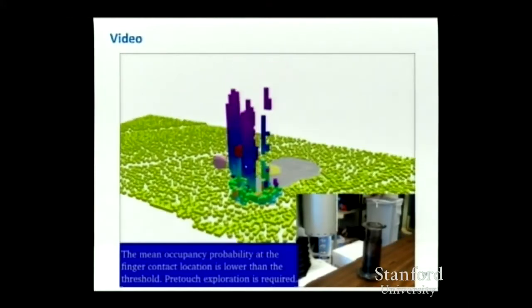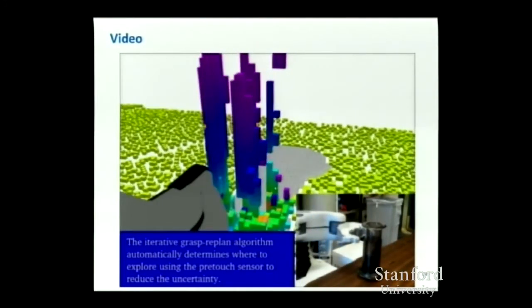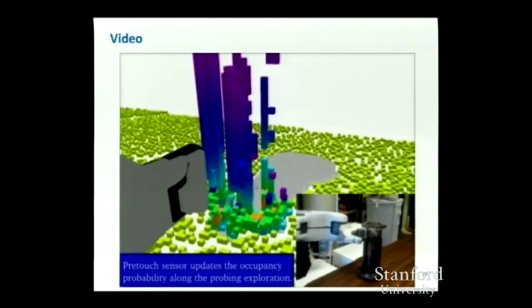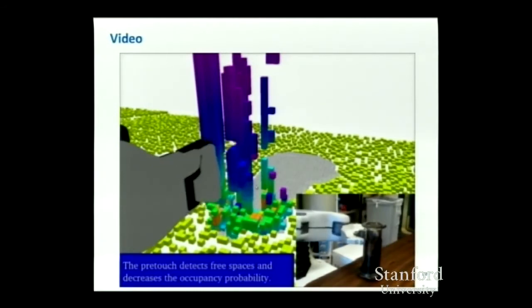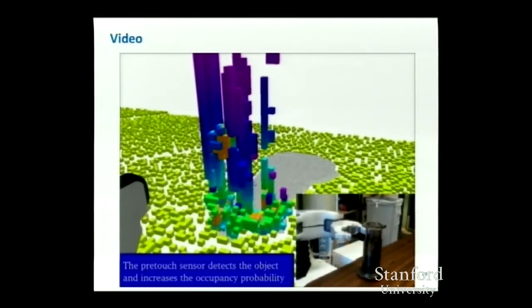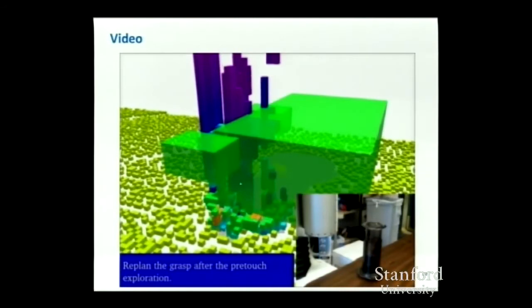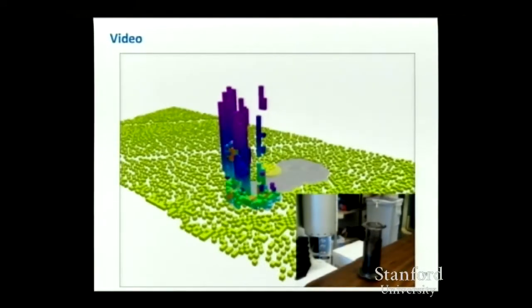Unfortunately, I'm not going to have time to explain this really properly, but we guess about the existence of some other points, then we plan a grasp. And if the points we want to use for grasping are uncertain, meaning we didn't actually observe them, we just guessed that there was something there, then we're going to use the pre-touch to fill in those points. And so we just filled in some points that were detected with the pre-touch sensor. Then we replan the grasp using those new points.